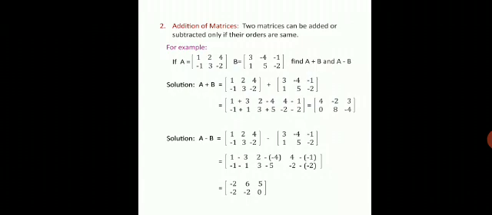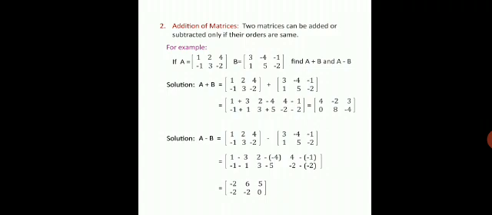Similarly, for second row to second row, that is minus 1 plus 1, 3 plus 5, minus 2 plus minus 2. Simplify this matrix, we get 1 plus 3 is equals to 4, 2 minus 4 is equals to minus 2, 4 minus 1 is equals to 3.